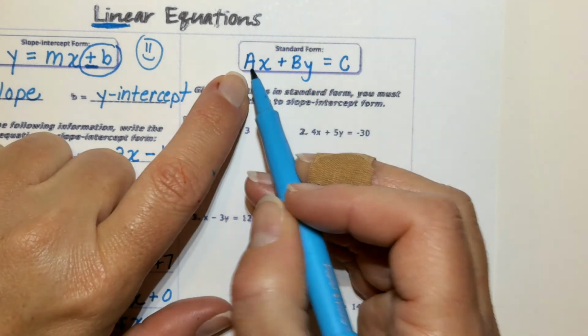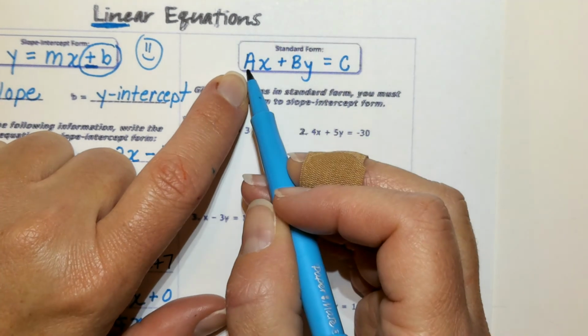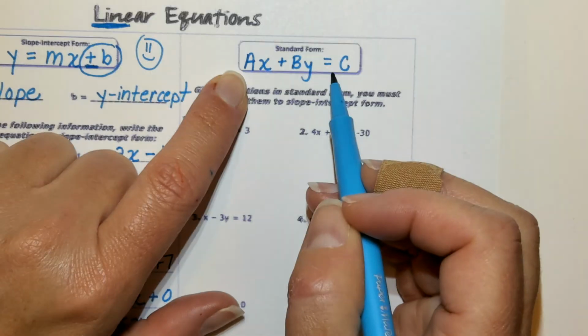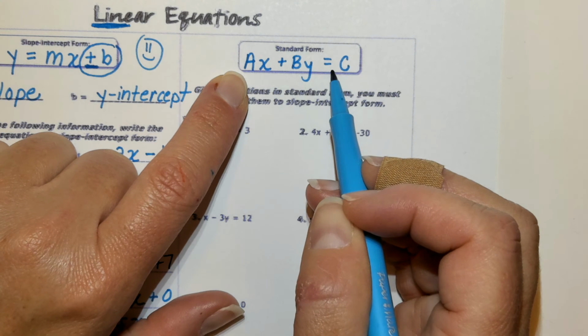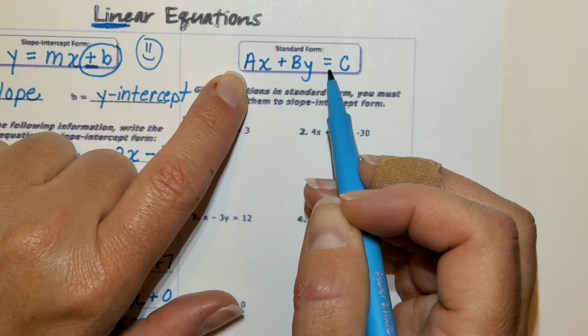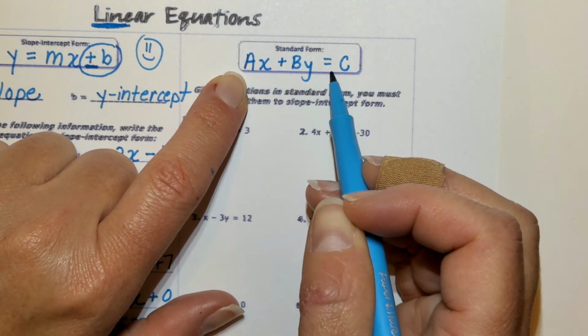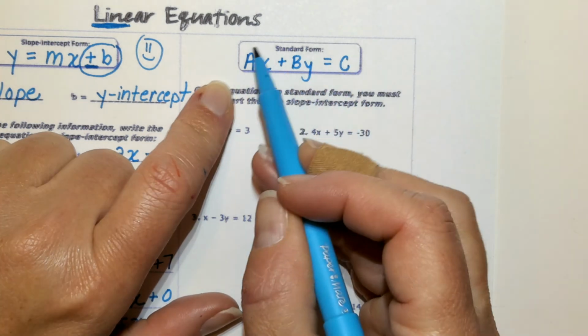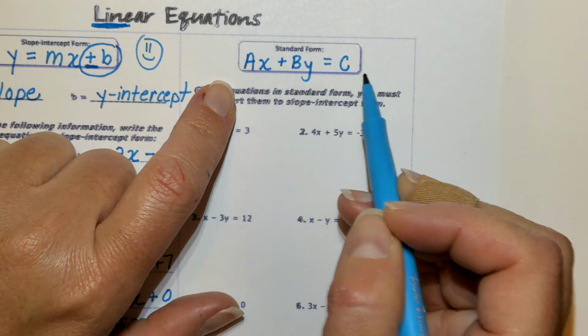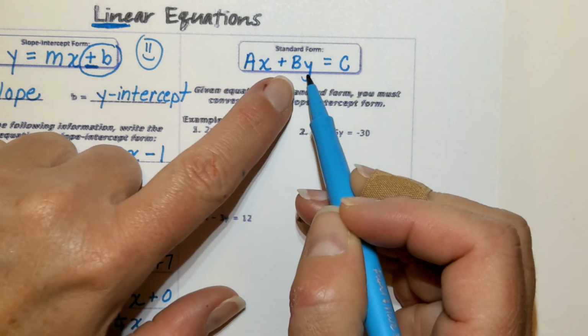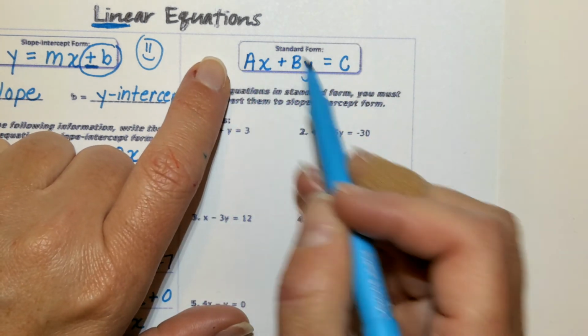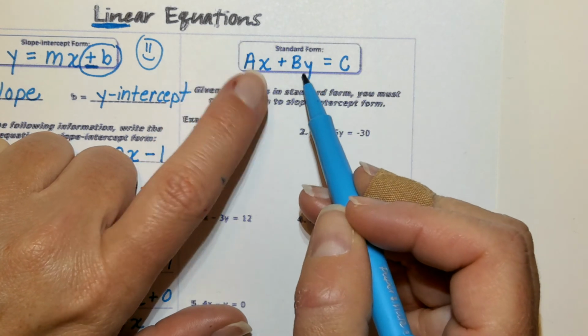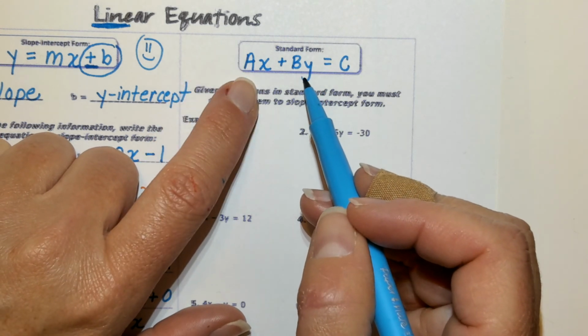It's not that bad. Now, standard form can be useful if we were trying to find the x-intercept and y-intercept. And you're probably saying, I have no idea, Ms. Glessner, what you're talking about. That's because I haven't taught it to you yet. Like I said, not my favorite form. This can be useful for something that I'm not going to teach you how to do today.